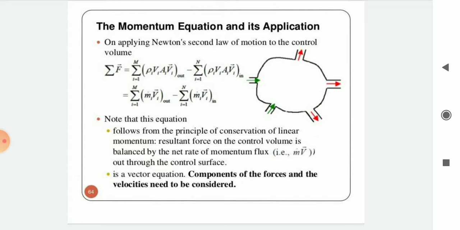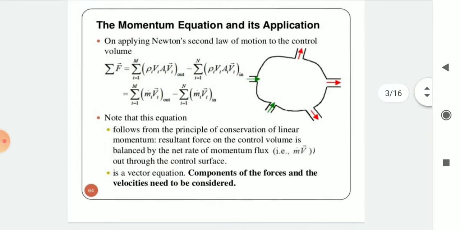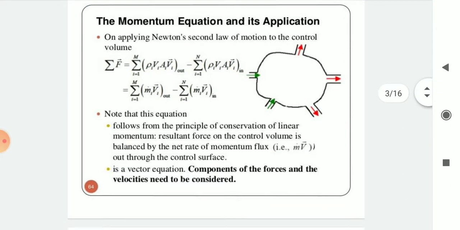So we can get the resultant of this equation: summation over i = 1 to m of mi vi vector out minus summation over i = 1 to n of mi vi vector in.